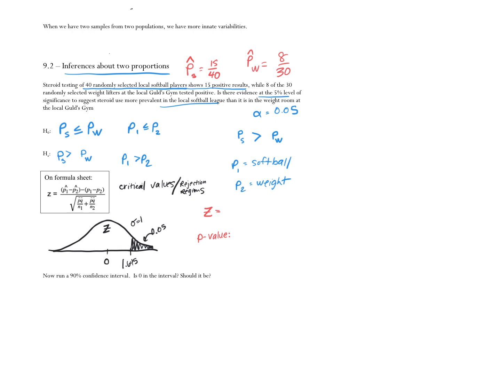All right, my z statistic is 0.95, and my p-value is 0.170.